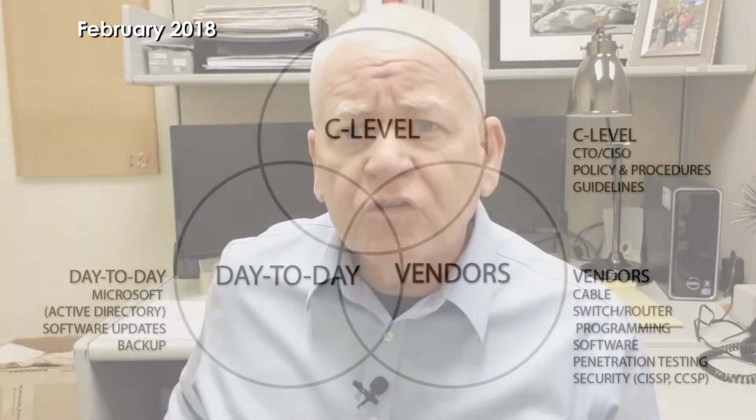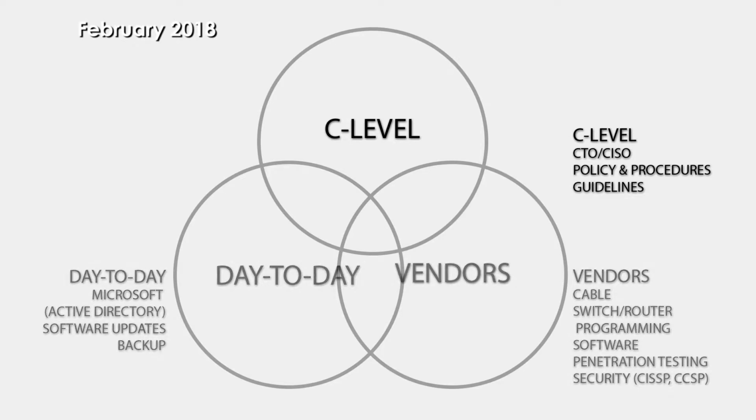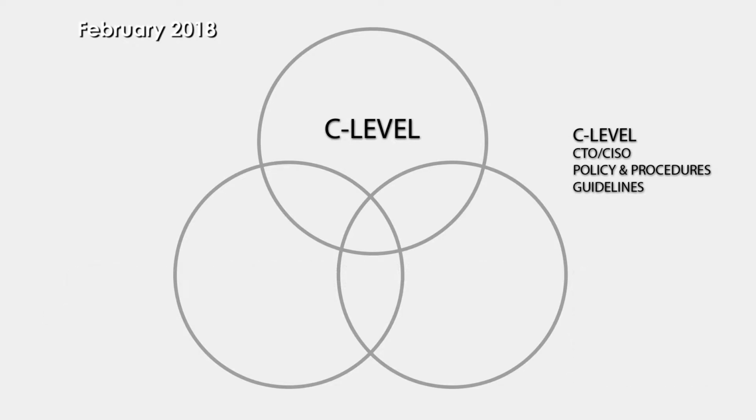Those individuals should be at a C-level, and if you're not big enough to have that type of full-time person, then what you need is an educated consultant in that area who understands IT, and not only understands IT, but also understands cybersecurity. And that person really is going to set your priorities, your policies and standards and things like that.